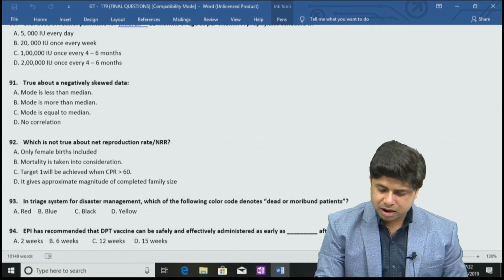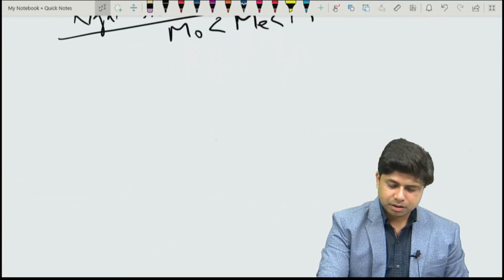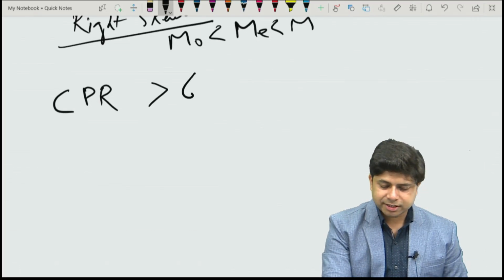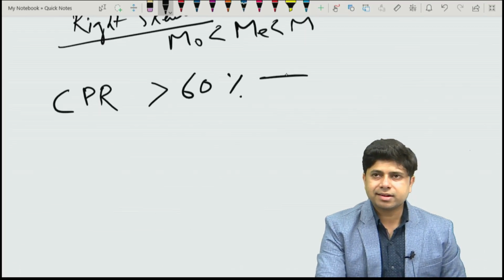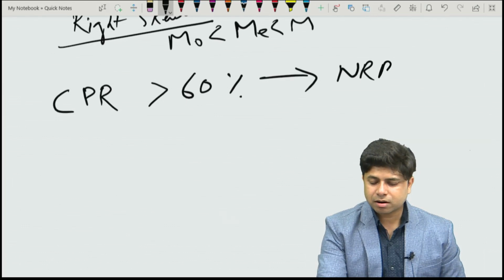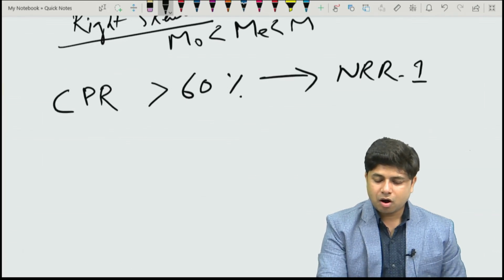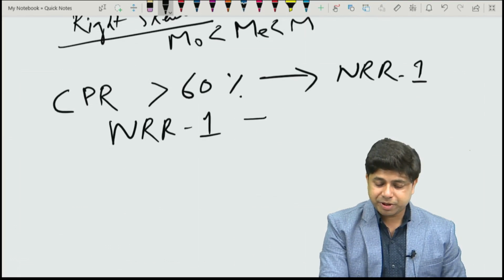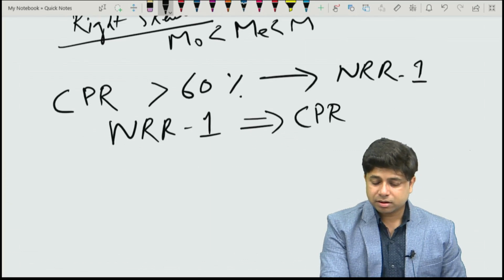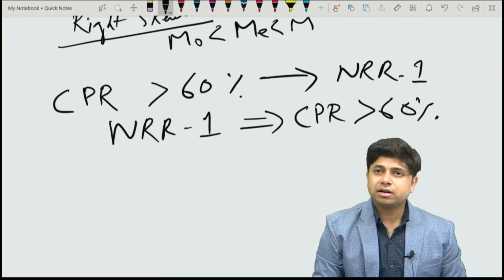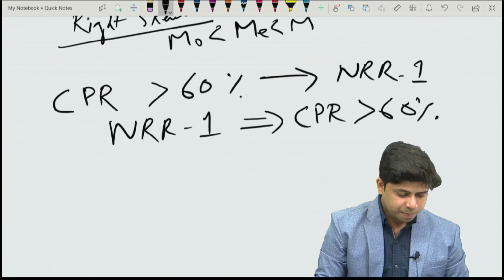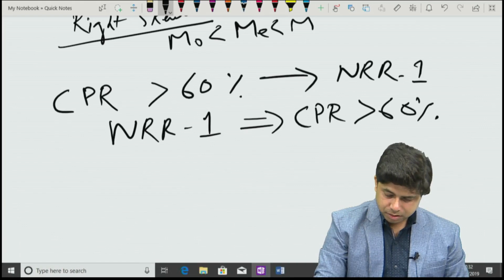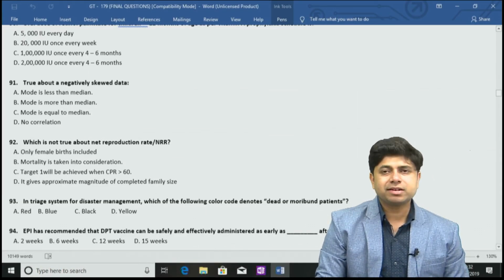So a CPR of more than 60% can result in NRR of 1. Or we can say to achieve NRR of 1, the CPR should be at least 60%. That is a fact. The next option, only female births included, yes.